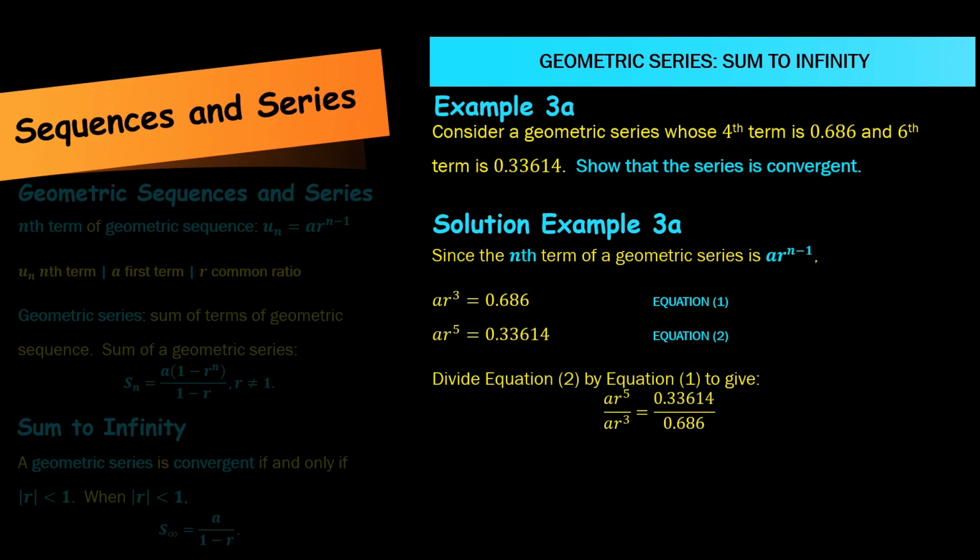So we have ar to the power 5 over ar cubed equals 0.33614 over 0.686. And this is equal to 0.49.